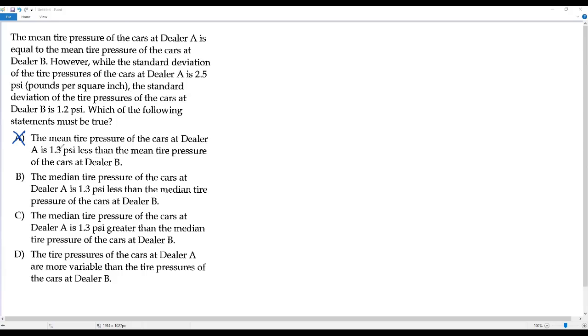That means the mean at dealer A is less than the mean at dealer B.